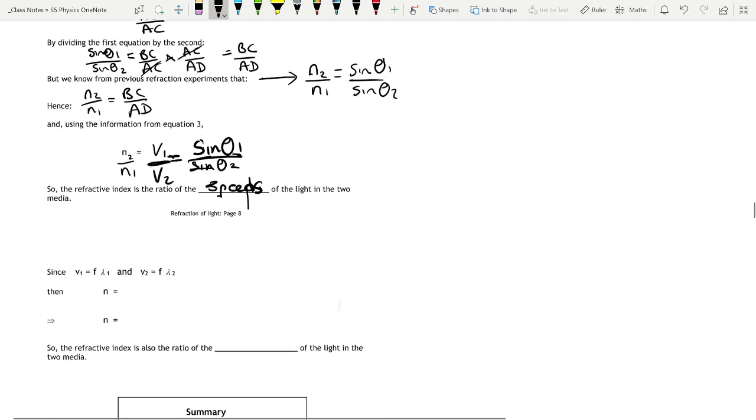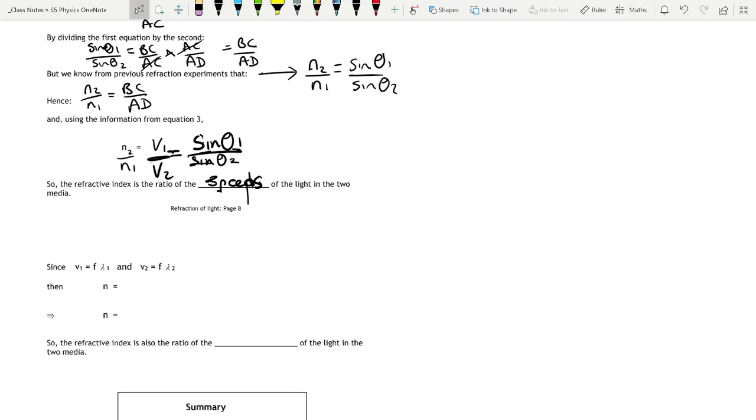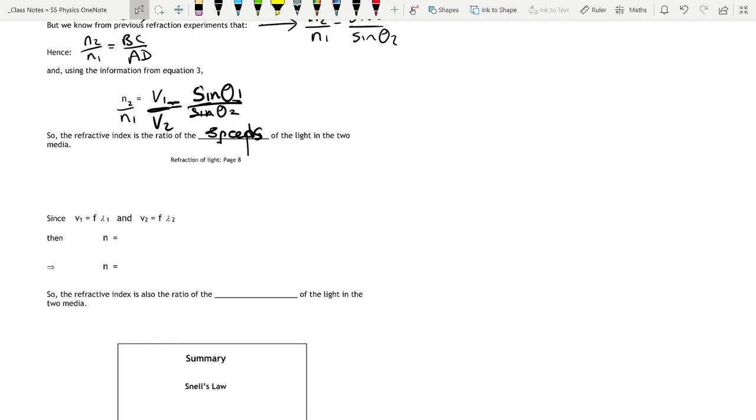And also, because V1 equals the frequency times the wavelength 1, remember the frequency doesn't change, and V2 is the frequency times wavelength 2, then we can use basically V equals F lambda to say that N2 over N1 we know is V1 over V2, but it's also F lambda 1 over F lambda 2.